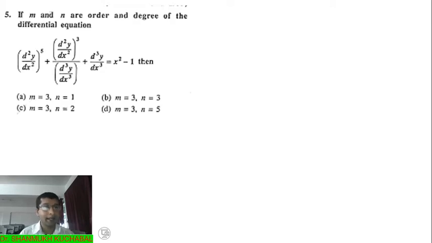Next, if m and n are the order and degree of the differential equation. Order we take as notation m, and degree we take as notation n. So first we have to simplify and then we will write its order and degree. It has d cube y upon dx cube in the denominator, so we will multiply it into the numerator across the entire equation, d cube y divided by dx cube.